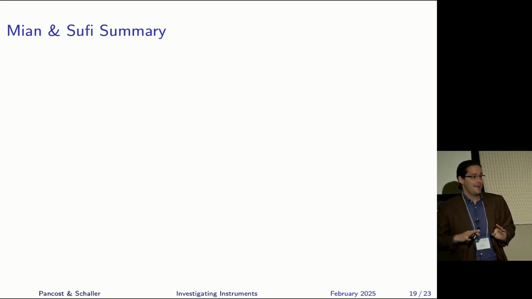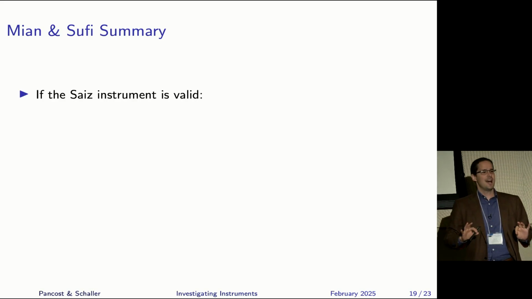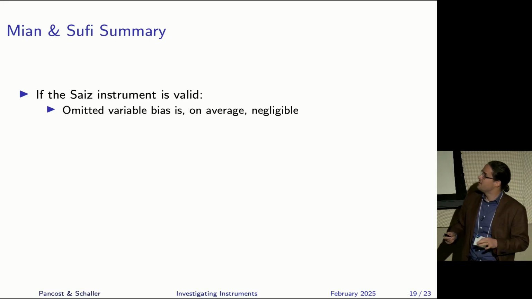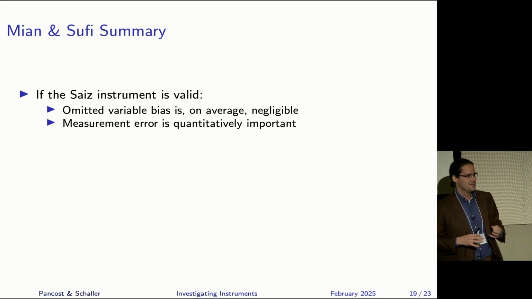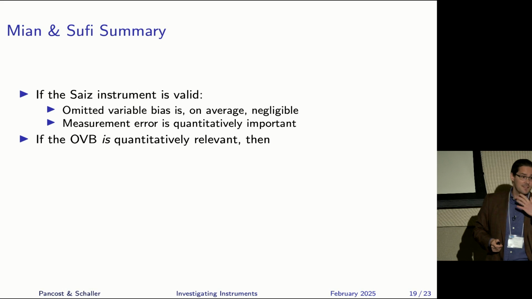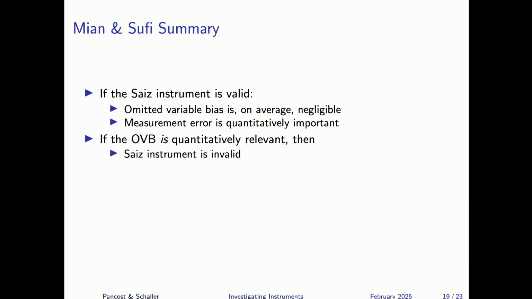So to summarize what we've got for Mian and Sufi, if the size instrument is valid, if you believe that it's really a good instrument, then the omitted variable bias is on average negligible, and the measurement error is quantitatively important. If you think the omitted variable bias is actually quantitatively important, then the size instrument is invalid, but in a quantitatively relevant sense.